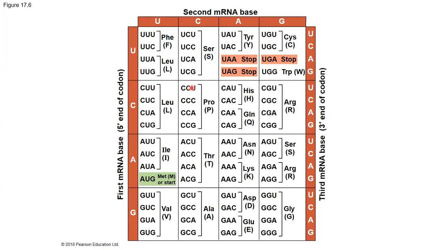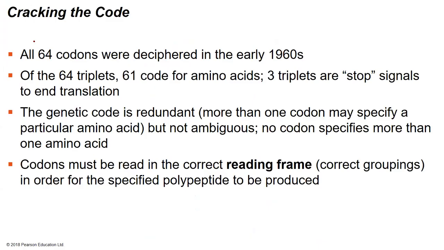So as you can see, the genetic code is redundant. Redundant means that we have more than one codon encoding the same amino acid.